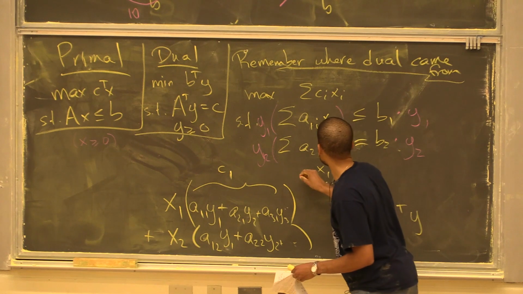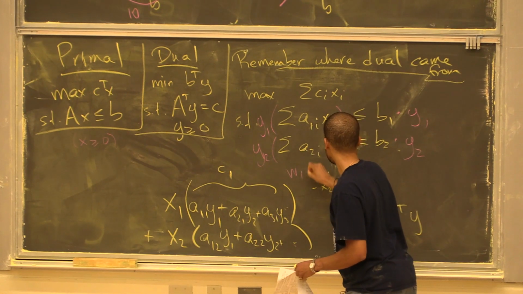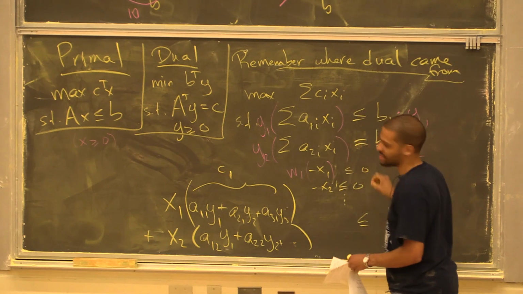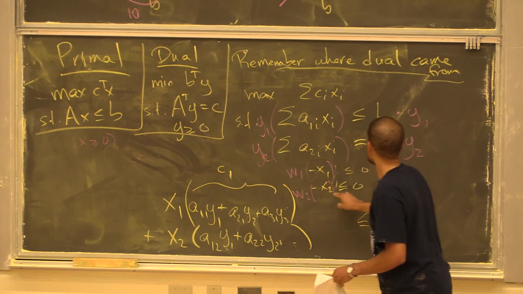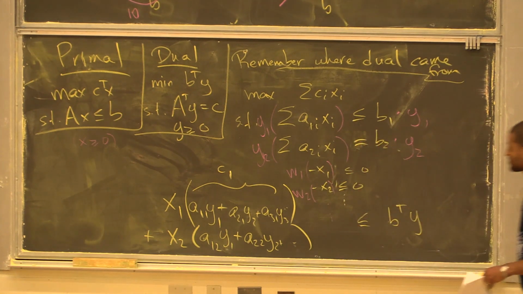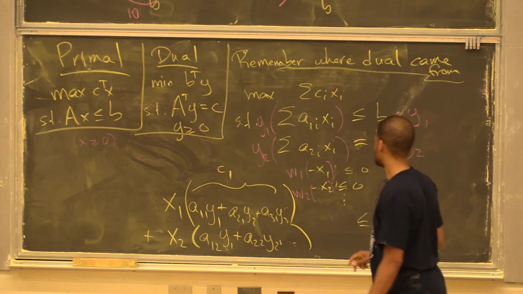So now we have some variables that look like w1 times this is at most 0 times w1, which is just 0. w2 times this is also at most 0, etc. And these would get added in, right?